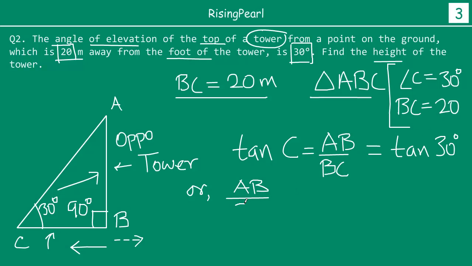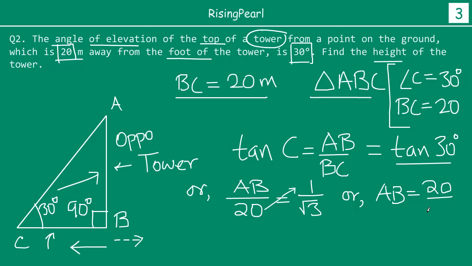Now we have to know the value of tan 30. Like I mentioned earlier in the table that I had shown, tan 30 is 1 by square root 3. So AB is equal to, this goes over here, so it will be 20 times square root 3.